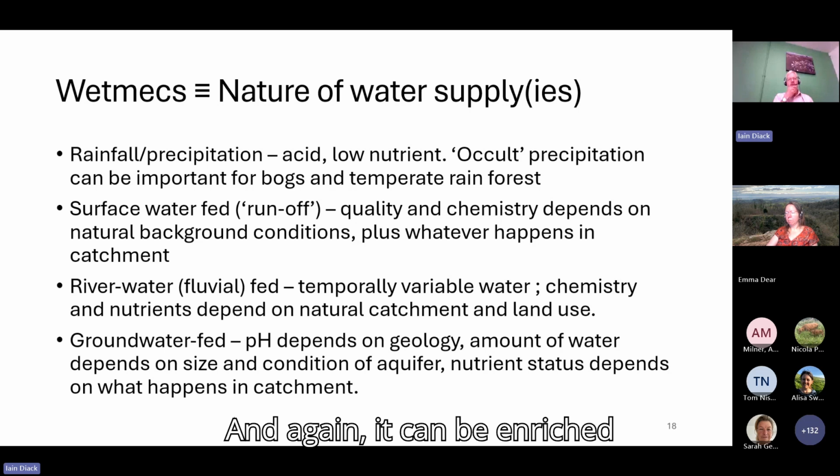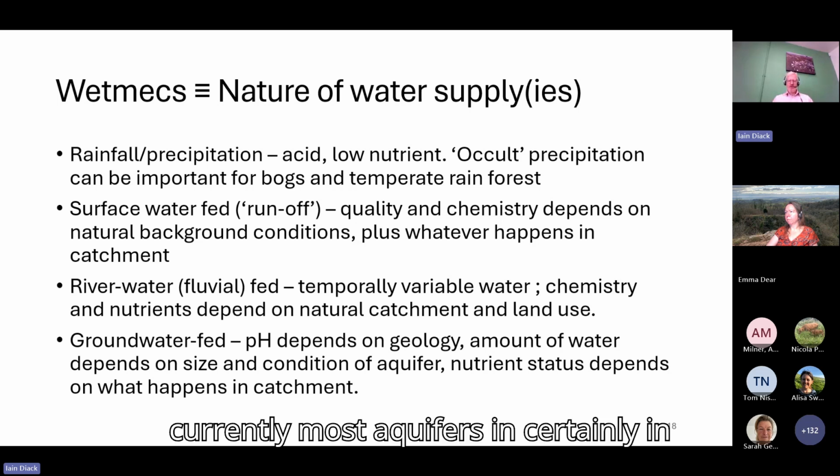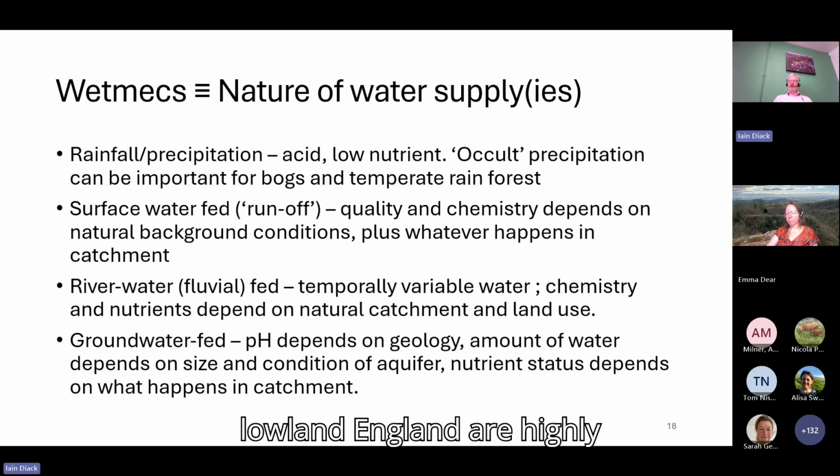And again, it can be enriched by whatever happens in the land use above it, particularly nitrates. And I'm sure most of you will be aware that currently most aquifers, certainly in lowland England, are highly nitrate enriched compared with background.